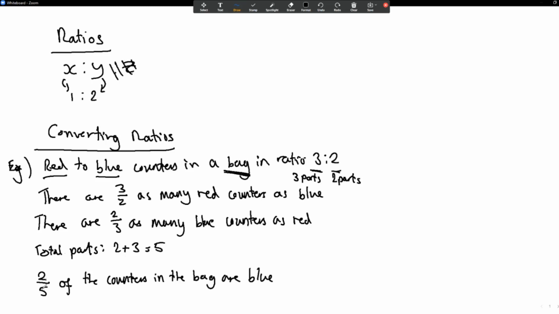And because we can convert it to a fraction, we can use our FDP rules, so 2 out of 5 is also equal to 0.4, or we can say it's equal to 40%. So really, we can convert ratios into fractions, decimals, or percentages.